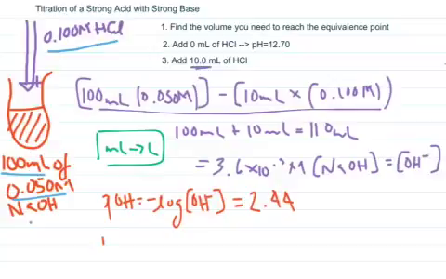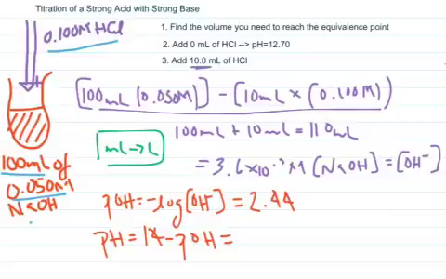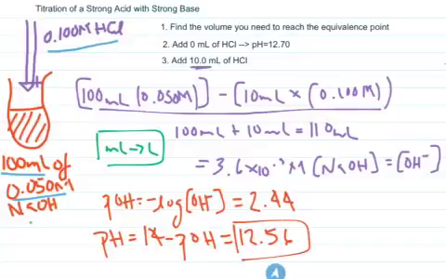And then I'm going to find the pH by taking 14 minus pOH, which will give me 12.56. So it looks like we are decreasing from 12.7 to 12.56 when we're adding a strong acid.